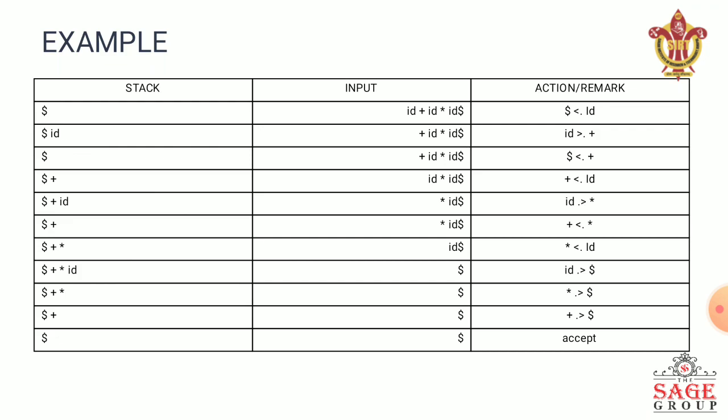Less than means we have to push the current input symbol onto the stack and move the input pointer one position right. Now the stack top is id and the current input symbol is plus, and we find that id versus plus is the greater than sign. Greater than means we have to pop symbols from the stack until we find the less than sign, then we stop and just push the current input symbol.